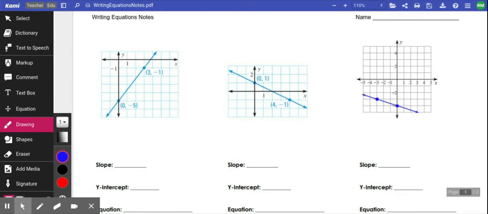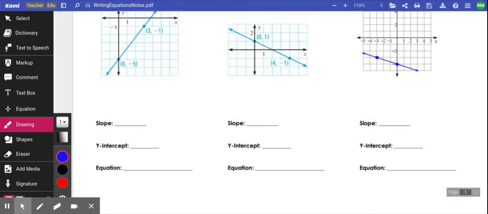In today's lesson, we are going to look at a graph and write an equation for it. Okay, so first thing I want you to do is go ahead and find the slope. There's a line provided that says slope. So you're going to find the slope of all three graphs.